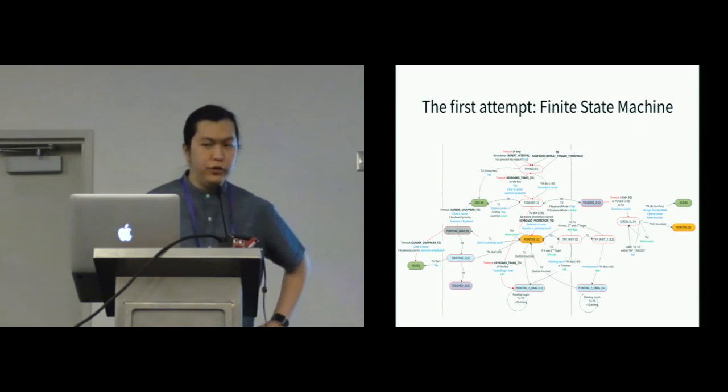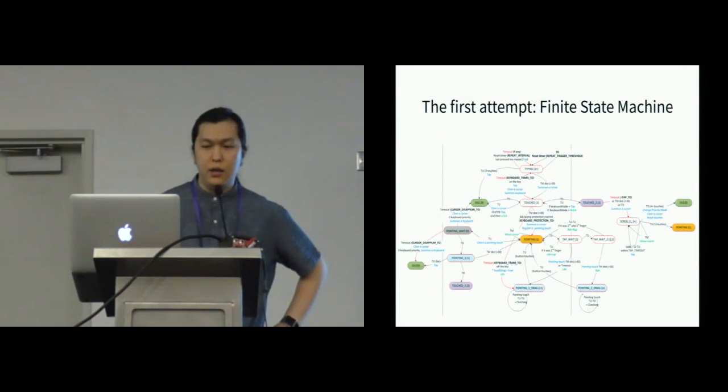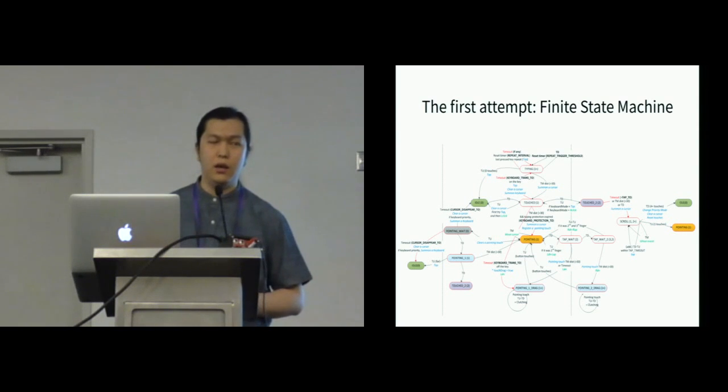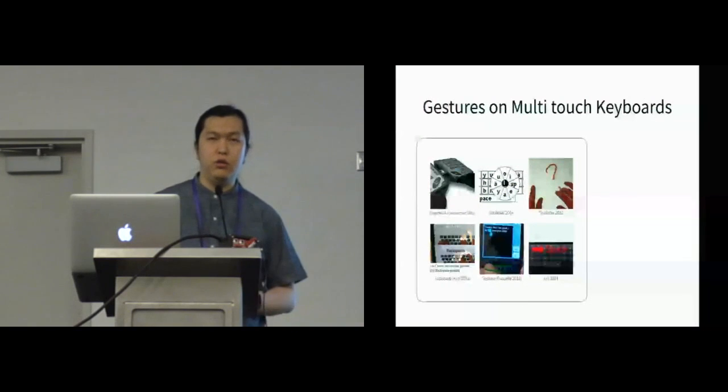We first attempted to implement this idea with a finite state machine. However, as gestures increase, more states are required, and the transitions between states increase in an exponential manner. So we needed a more systematic approach to implement the algorithm to detect the gestures.